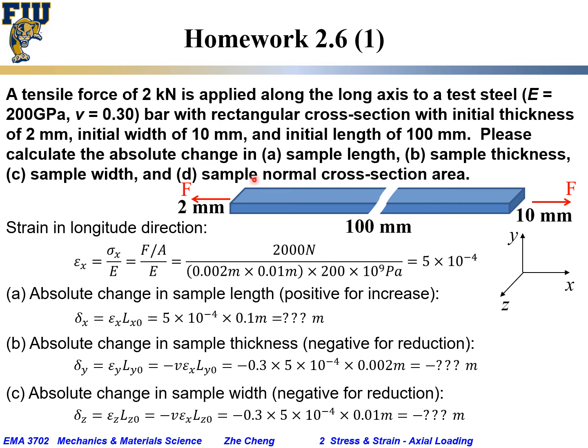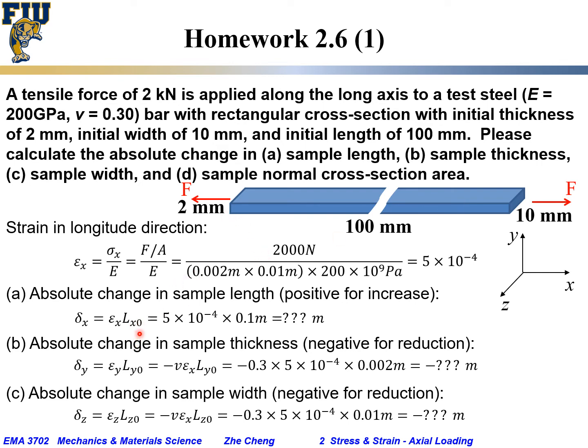We want the absolute change in length for the sample. Based on the definition of strain, the absolute change in length, delta x, would be the strain along the x-axis times Lx0, the initial length.